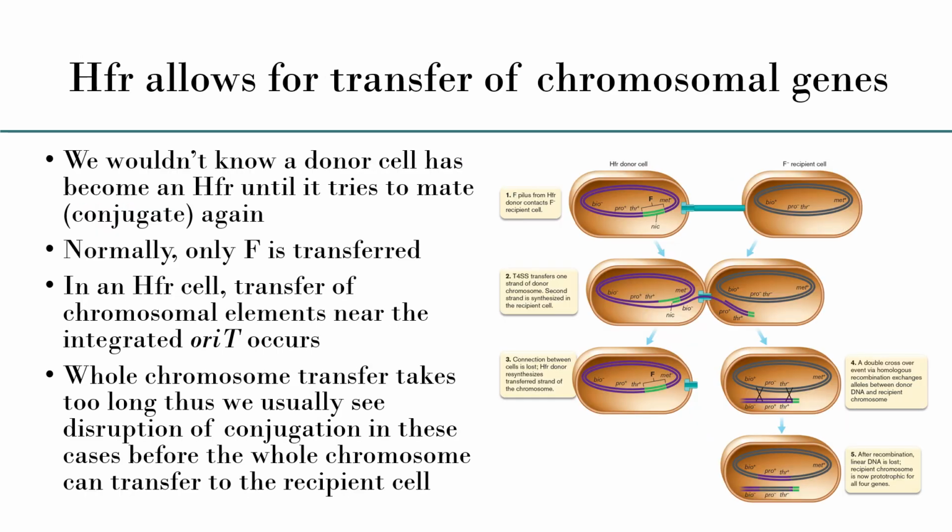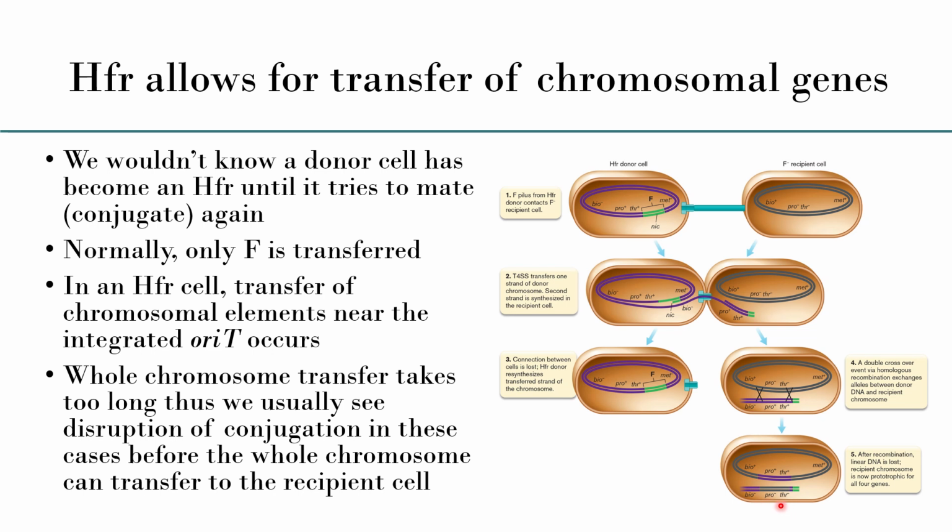Now, when this happens, as I said, it doesn't usually transfer the entire chromosome because that takes too long. So we will end up with a small portion of the chromosome that got transferred over. If there's any homology between the small piece and the chromosome itself, you might have an event where they recombine, and you have a recombination event where now the donated chromosome gets switched out for the original chromosome of the recipient cell.